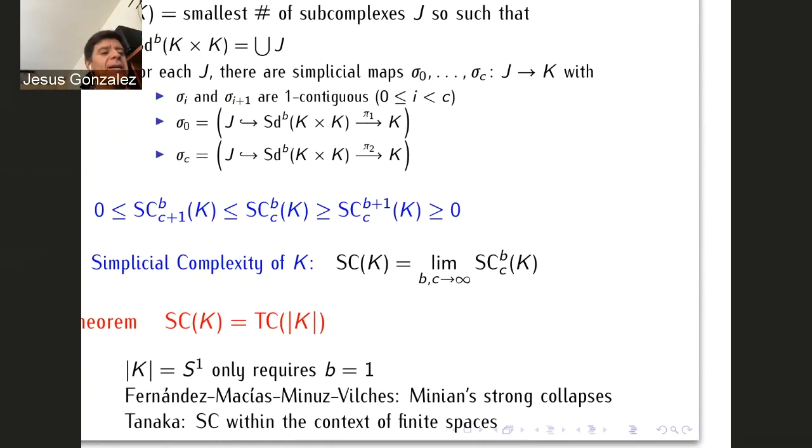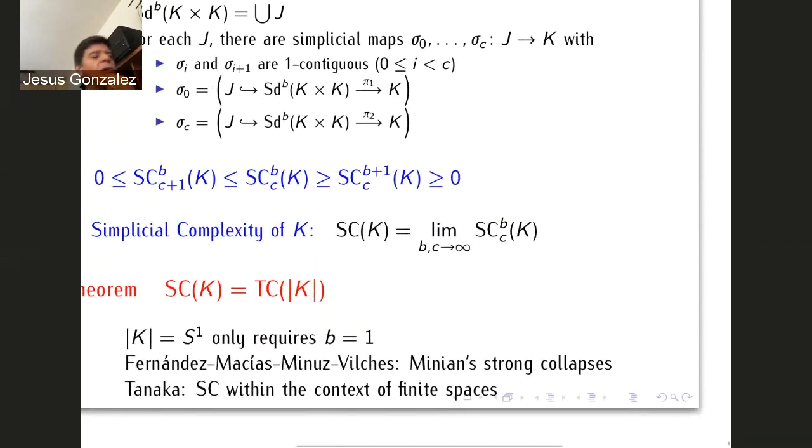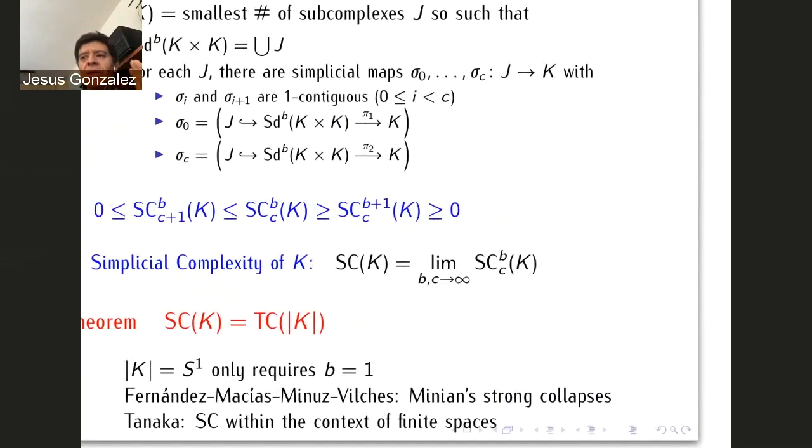But the problem is that they have simplicial approximations for the actual TC, but they are not good enough because they are not taking into account the subdivision process. And it is apparently a bit hard to do this in terms of Minian's concept of strong collapses. And finally, there is also this work of Tanaka, which developed these discretization ideas for TC within the context of finite spaces.